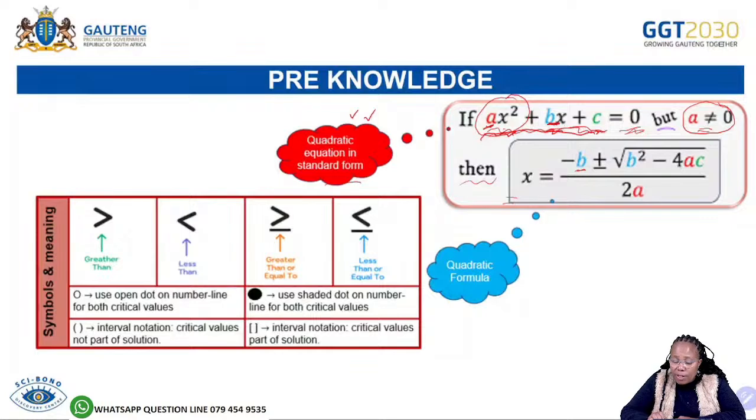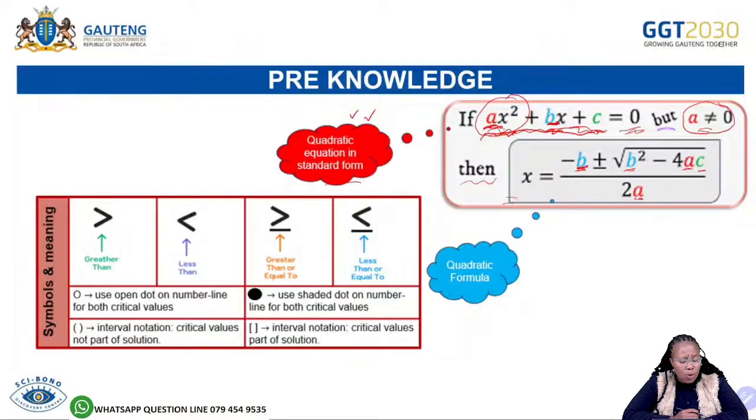The value of a is the coefficient of x squared, whatever value is written before x squared. The coefficient of x, the value next to x, is your b value, and the value without an x is your c value. That is a constant value.